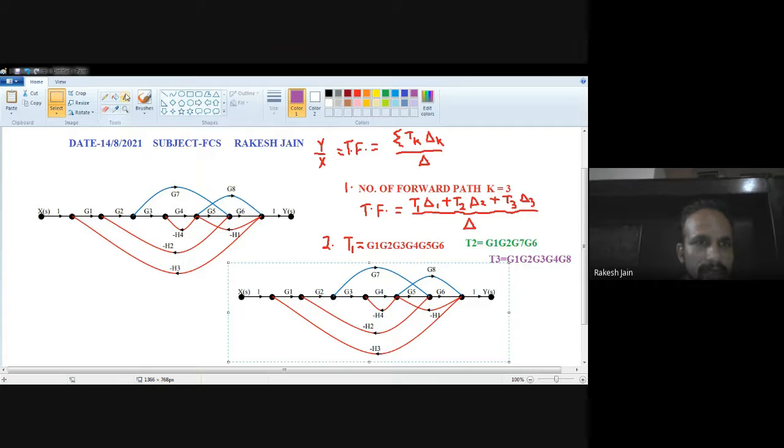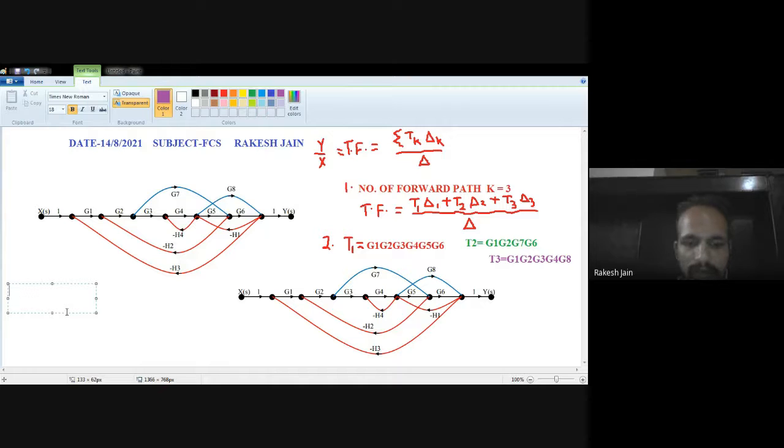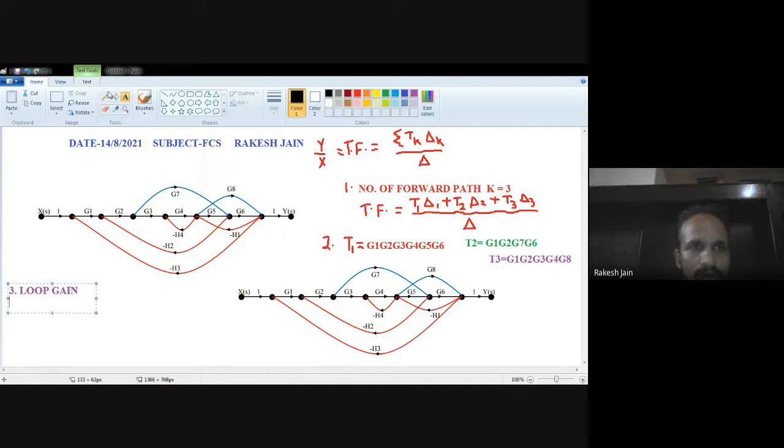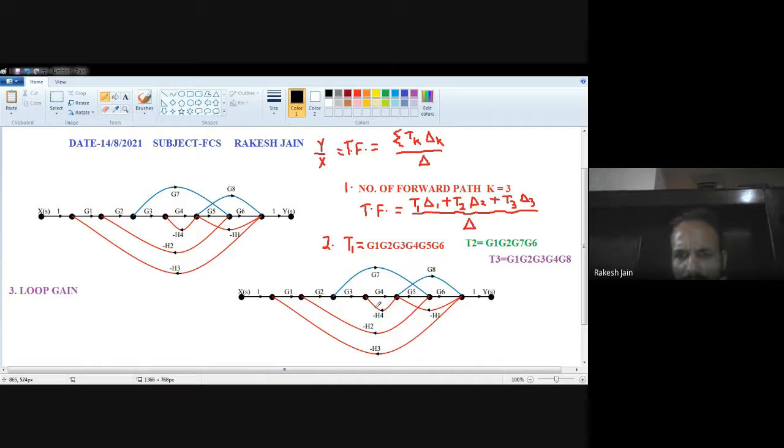At the left hand side, I will write down the loop gains. See very carefully. Okay, so the first loop, one by one, I will write down. The first loop is this one: G2, G3, G4, G5, and H2.